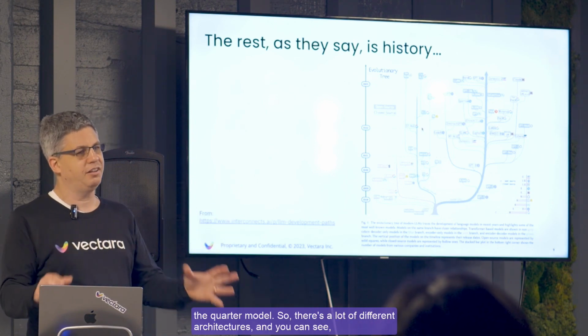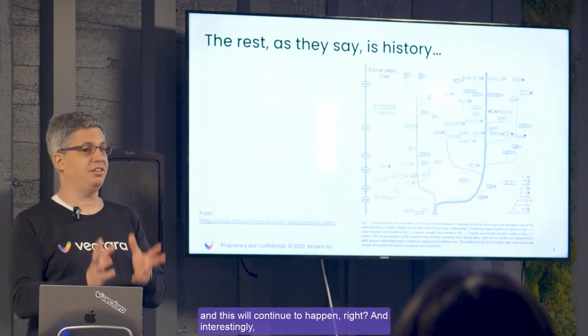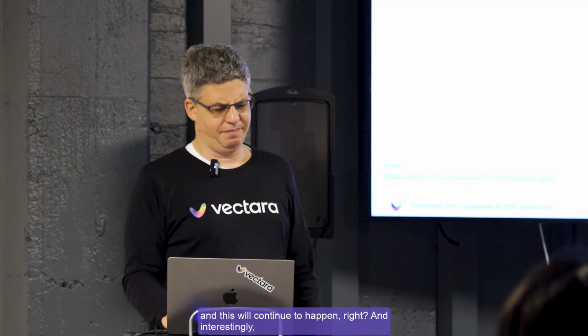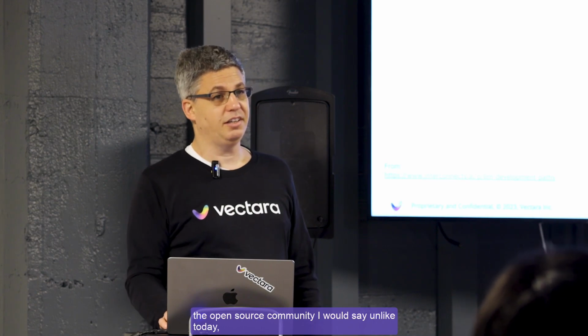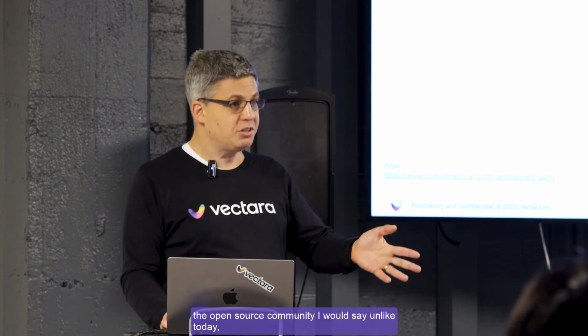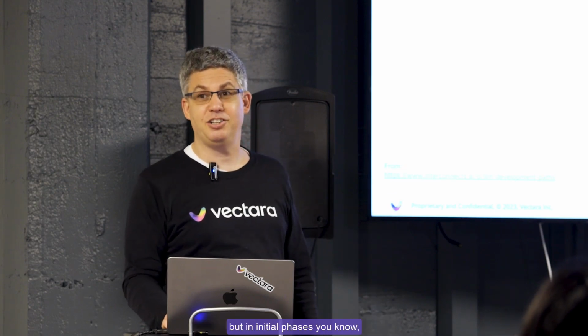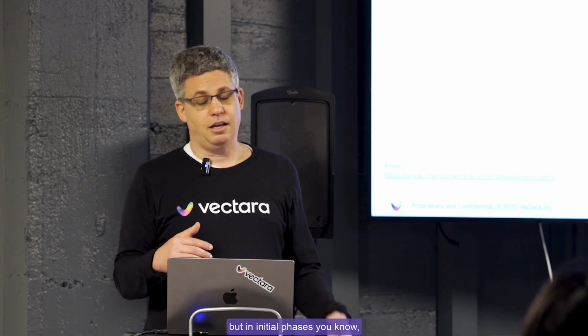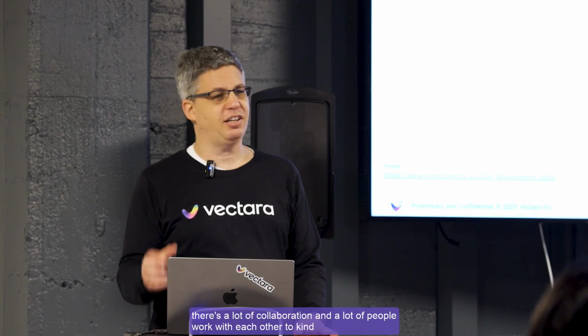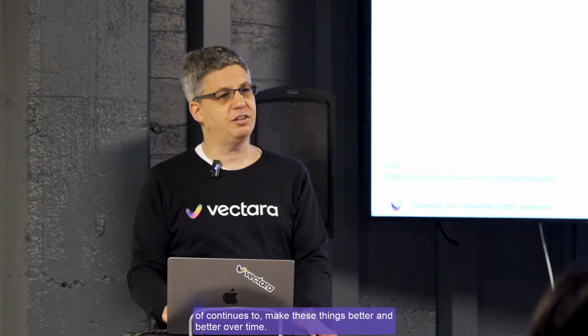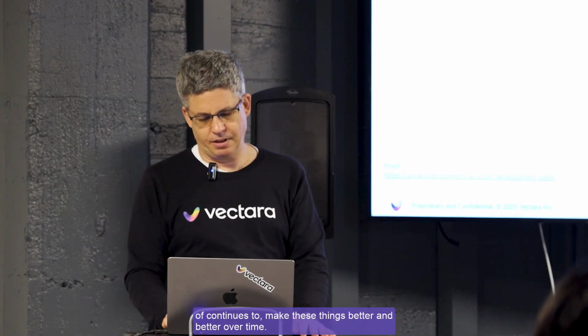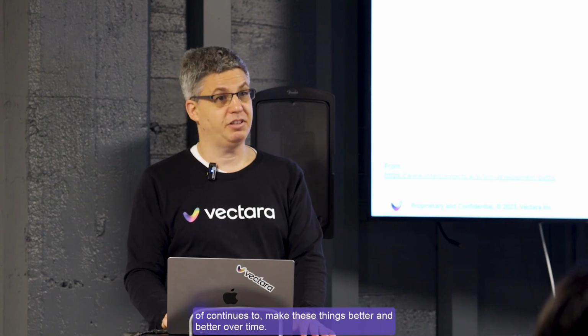So there are a lot of different architectures, and this will continue to happen, right? And interestingly, the open source community, unlike today, where there starts to be a little bit of a closed source mentality, in the initial phases had a lot of collaboration, and a lot of people worked with each other to continue to make these things better and better over time.